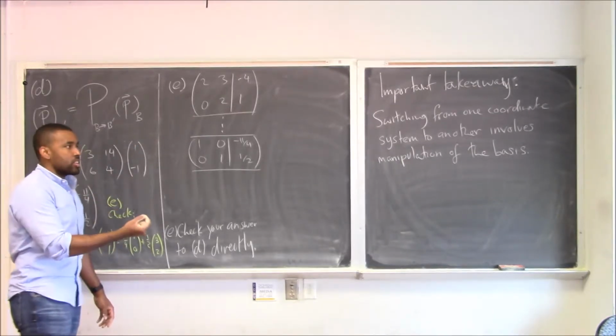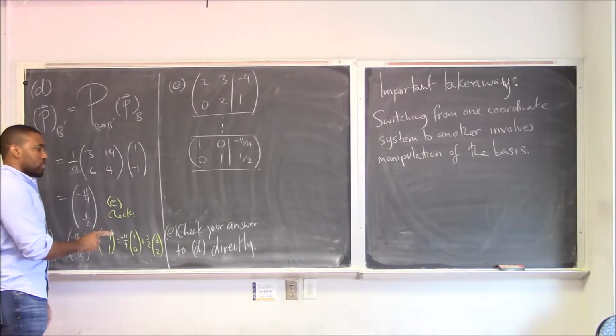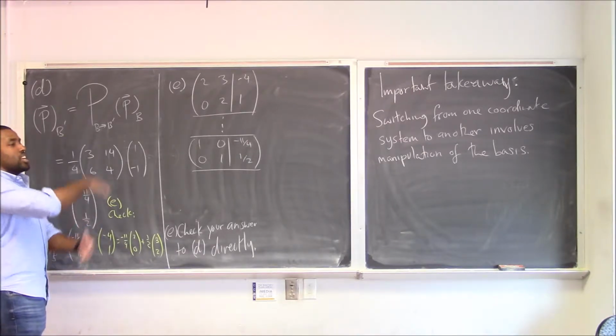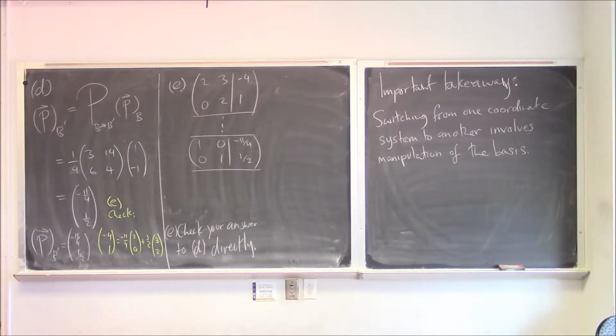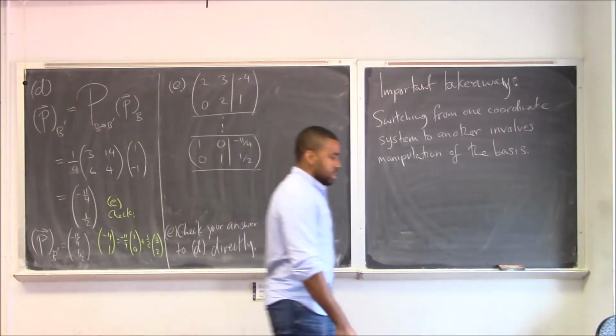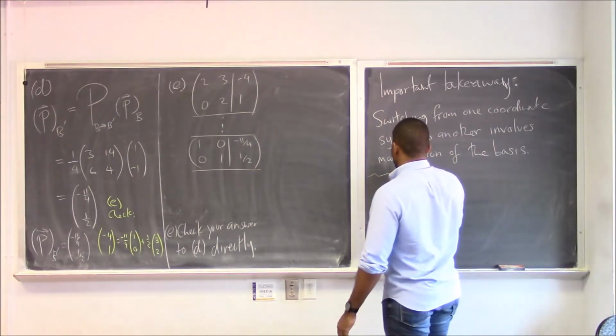I can take any vector in one way of looking at bases, multiply by a certain matrix that really came from me manipulating basis vectors, and then the entire universe can change to another way. I can switch from one coordinate system to another by just manipulating and playing around with a finite number of vectors.